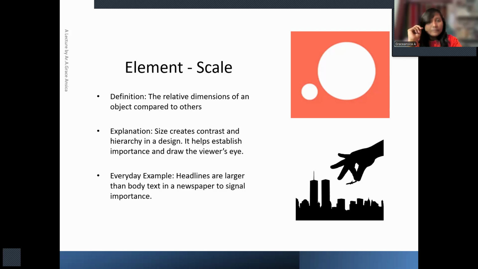Now let's say I have the same small hexagon and big hexagon, but this big hexagon is only a black line on a white sheet. This small hexagon is dark red in color. You can directly take the viewer's attention here. Color is also one of the elements of design.